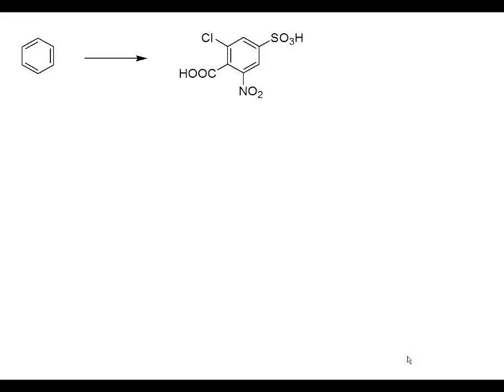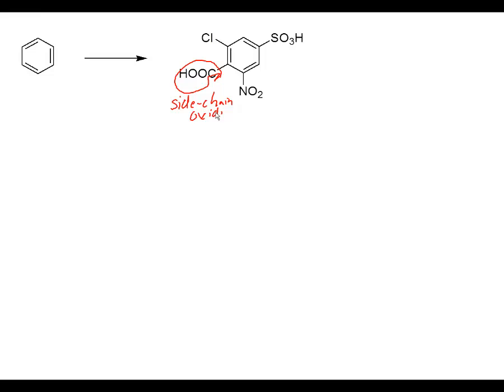Okay, how do we make this? What are some things to note? Let's remember a few things here. This group is going to come from a side chain oxidation, right? Before the side chain oxidation, it's an alkyl group and electron donating.